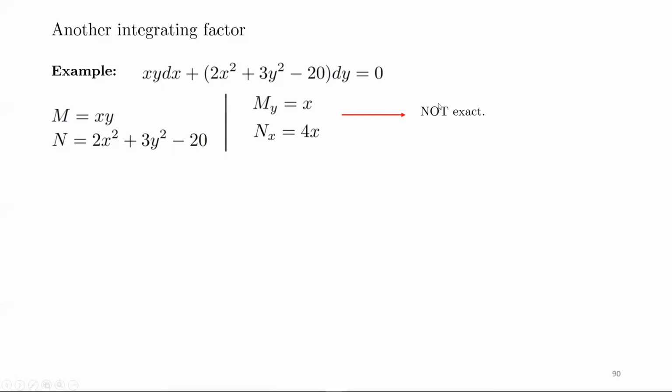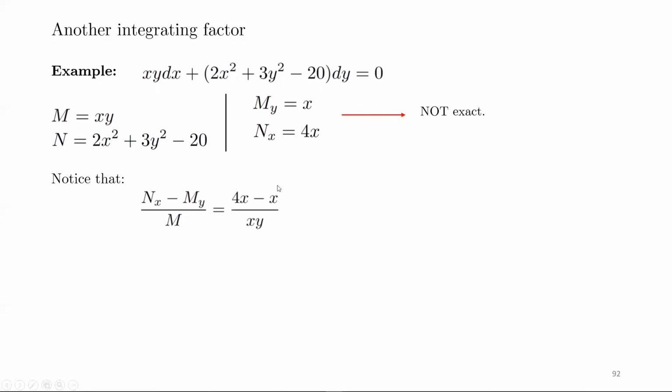It's also not a Bernoulli equation, so our substitutions will also not work for this ODE. So let's try this integrating factor. If I look at this ratio, N_x minus M_y over M, where these subscripts denote partial derivatives, I'm going to get 4x minus x over x times y.